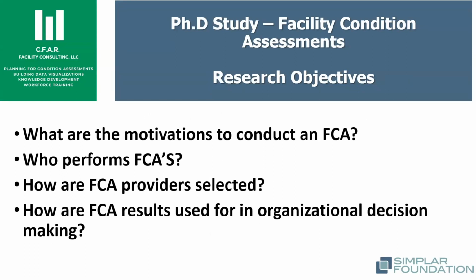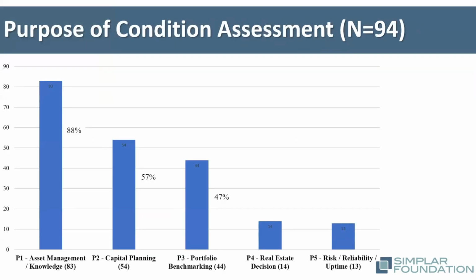So I'm just going to share a few results here, and then we're going to open it up for questions. Like we had talked about, asset management and knowledge. At least from a global standpoint, I found 94 pieces of literature globally where this was an emphasis within the overall research.